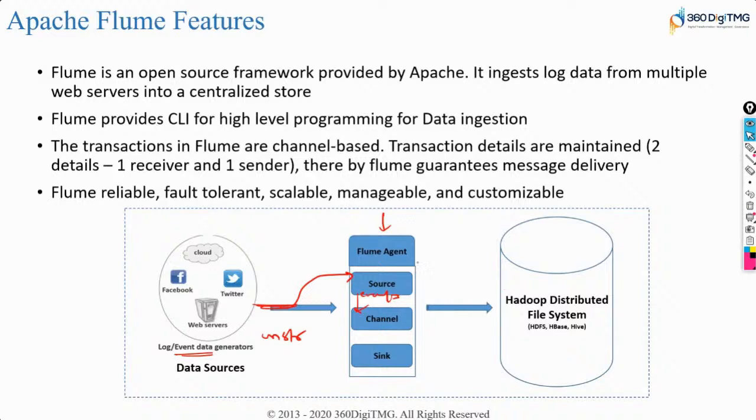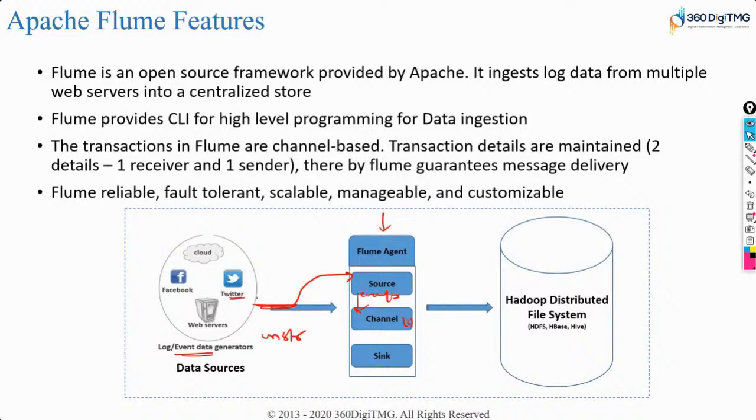And here you have multiple channels also. It doesn't mean that you have only one channel. I'm representing one channel, but it could have multiple channels. One event, one channel. Like that, you might have multiple events, and each event can further be handled using multiple channels.